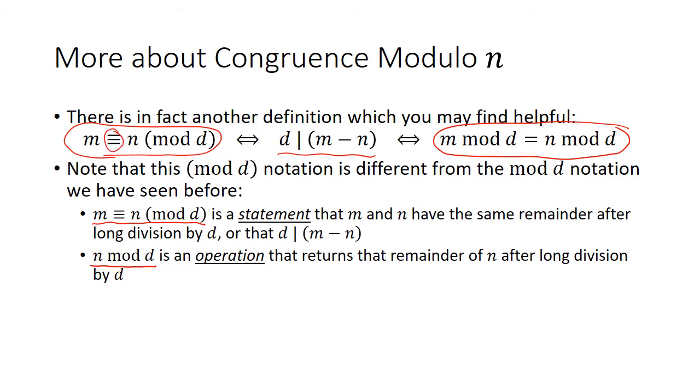So this little three bars thing is equivalence, and then this mod D is in parentheses. Both of those are equivalent to saying that D divides M minus N, since if you subtract two things that have the same remainder, the remainders will cancel out, and then you'll have something that's divisible by D. Okay, let's try doing some problems with this concept.